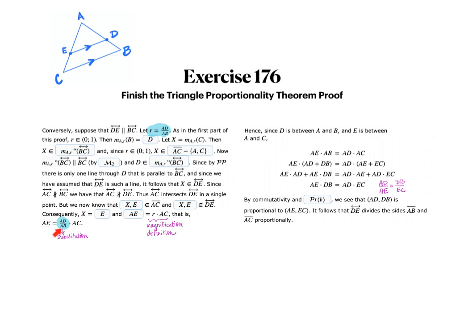And following up from over here, we can multiply both sides of the equation by AB, and that gets me here. AE times AB equals AD times AC, and then we substitute in AD plus DB is really AB, because D is between A and B, equals AD times the quantity AE plus EC, because E is between A and C. And then we distribute the AE in, and we also distribute the AD in, and that gets me here.